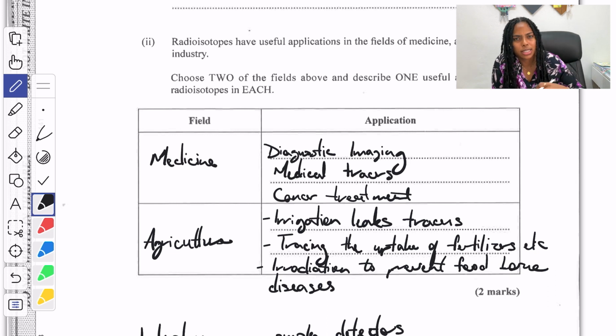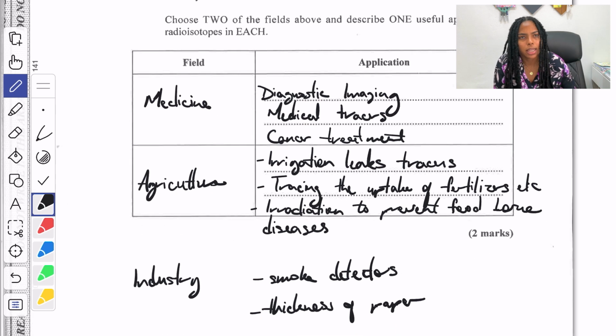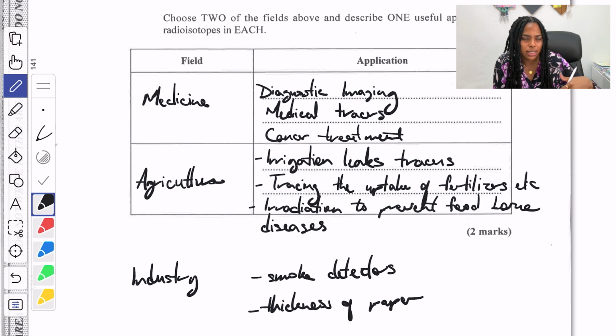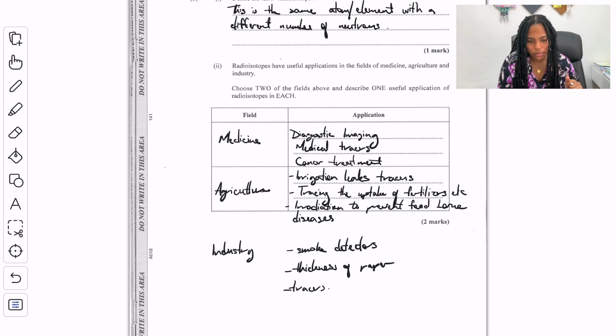Then we use this to measure the thickness in production plants, like thickness of paper, etc. And then tracers, finding leaks in pipelines, whatever. So still tracers. So anything along those lines, and of course tell me if there's any others that you used.